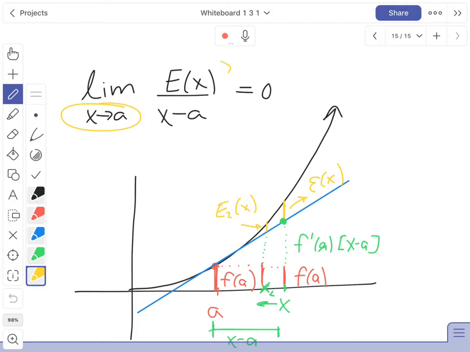Now what we're saying here is if we compare those two, the distance between x and A, and the distance that we're wrong, this is going to come to 0, which means the error E of x gets closer to 0.